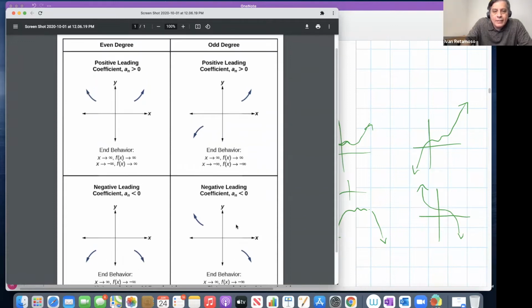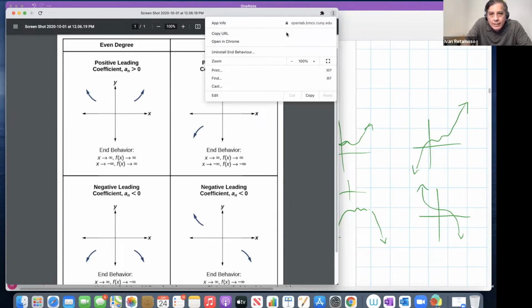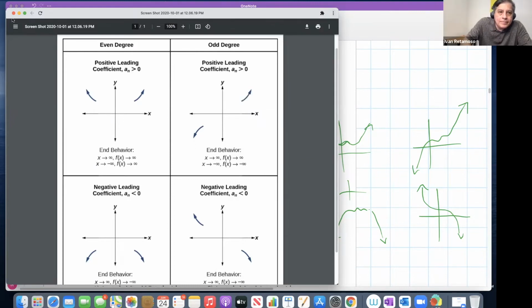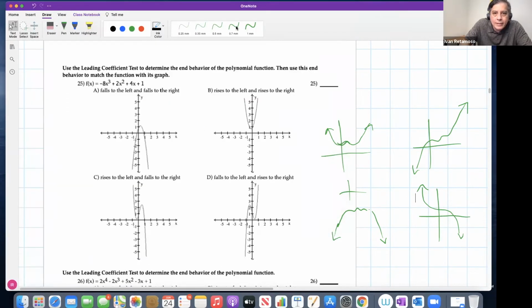This is under useful sheets under course materials. If you just want to grab it, I can copy and paste the link here on the chat. Here is the link. It's on our website.